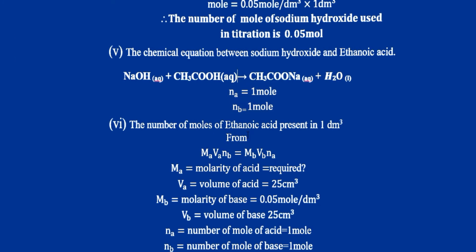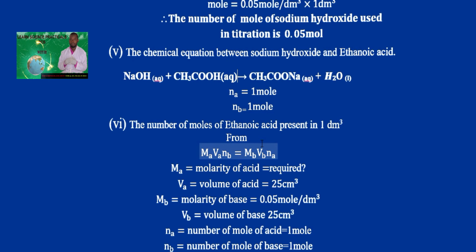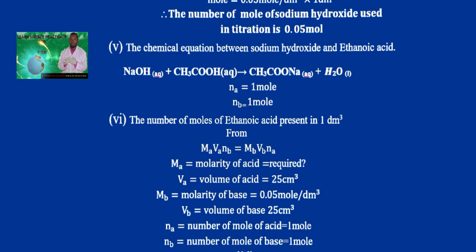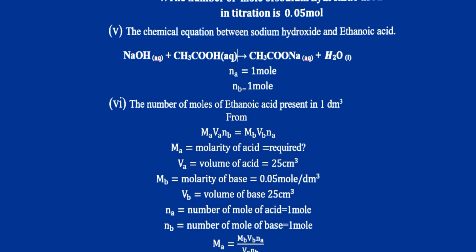That is our formula as you see there. And the number of moles calculated is that one. Yes, it is the same as the base, because the mole ratio after balancing the chemical equation is 1 to 1.